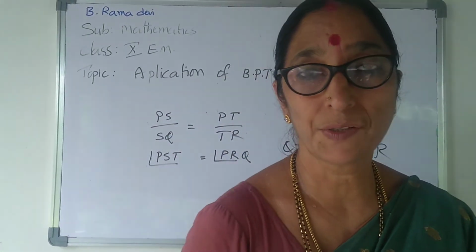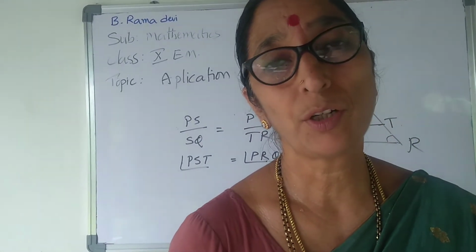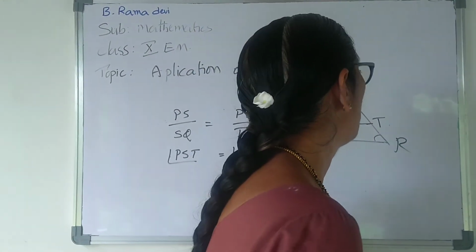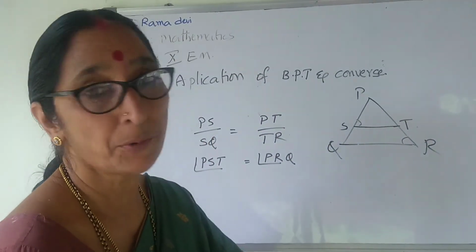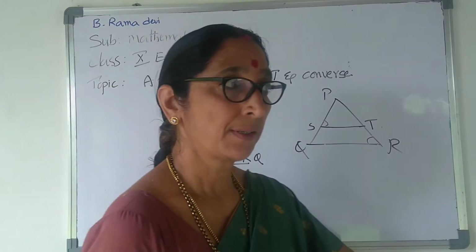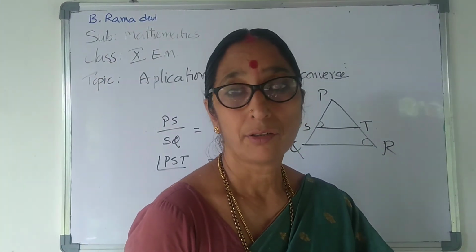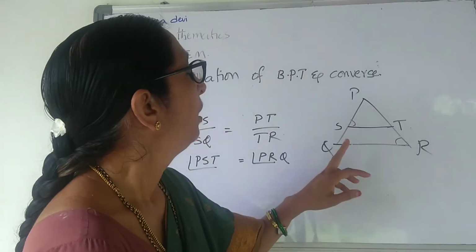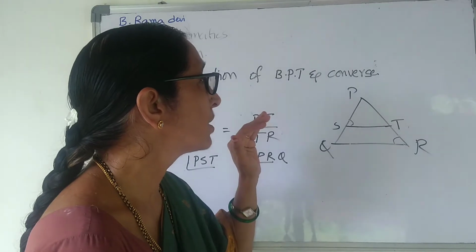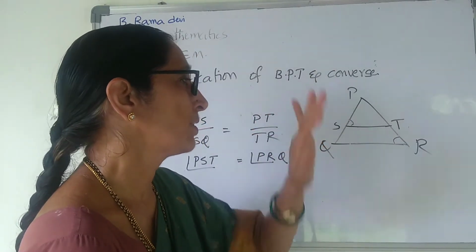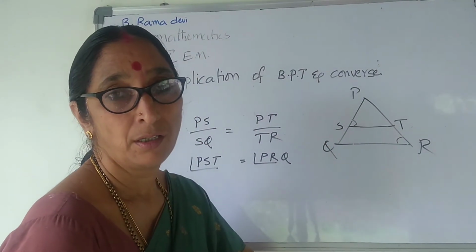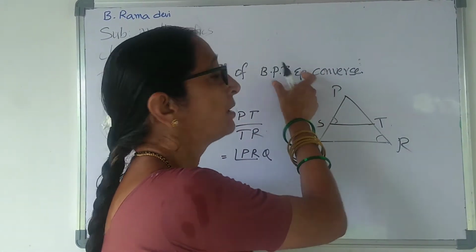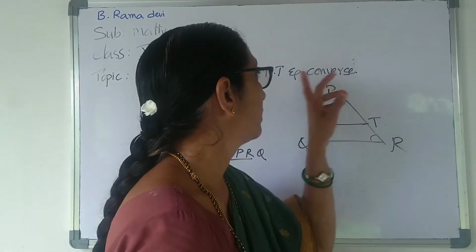These are the two ways to prove that PQR is an isosceles triangle. So how can we prove? What is the procedure? We can prove it using the BPT or its converse. Remember that we have to apply one of these theorems.